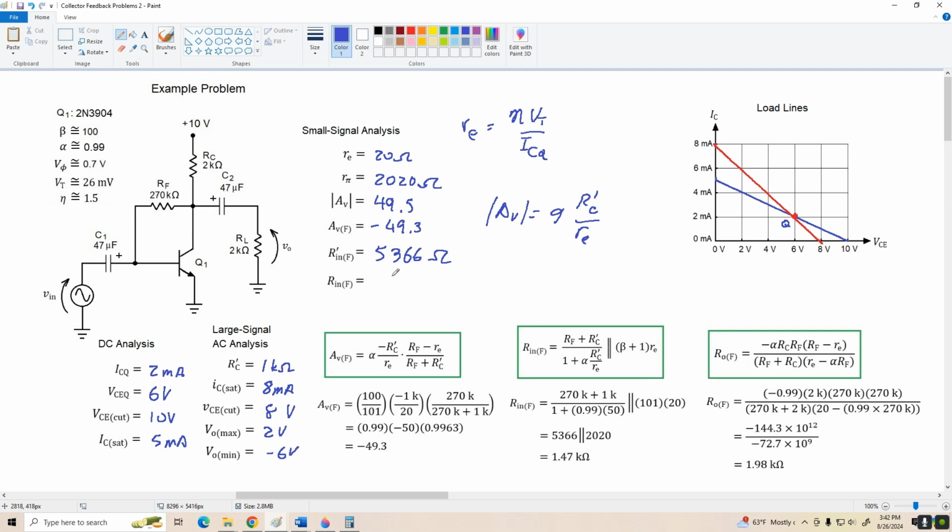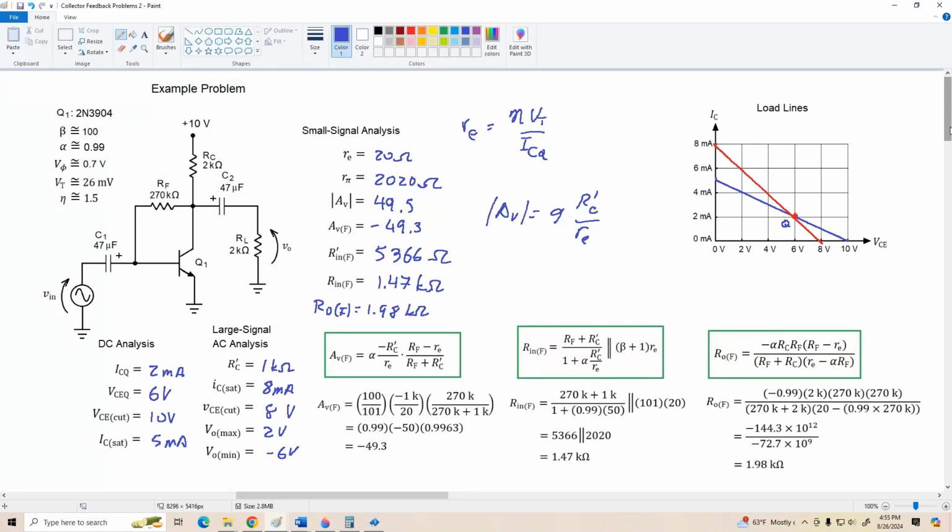And of course the actual overall input resistance is that resistance in parallel with beta plus 1 times little re, r sub pi, and it works out to be 1.47 k ohms. And our output resistance with feedback, we plug everything into this monstrosity, and we come out with 1.98 k ohms. Okay, so I'll write that here. RO with feedback equals 1.98 k ohms.